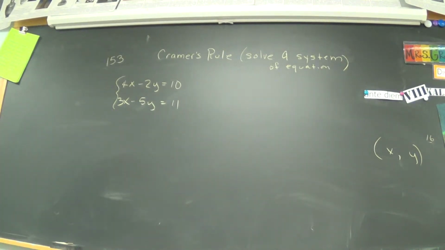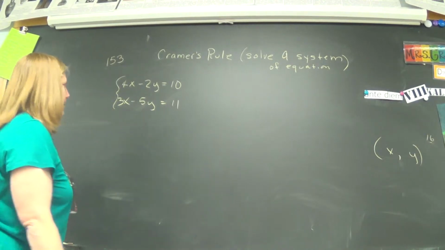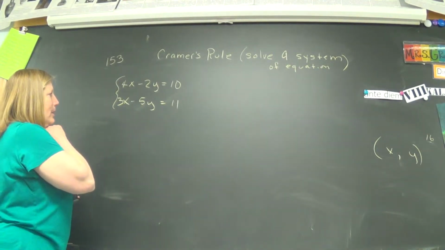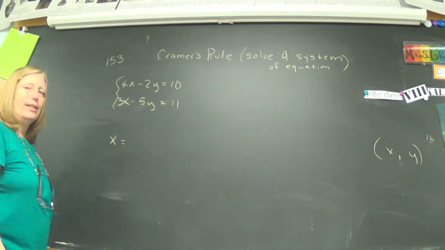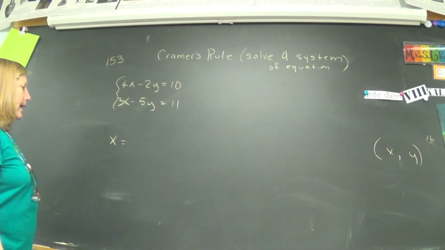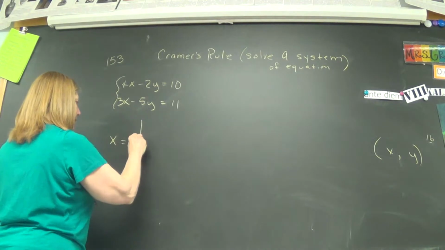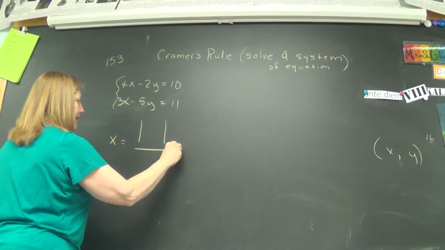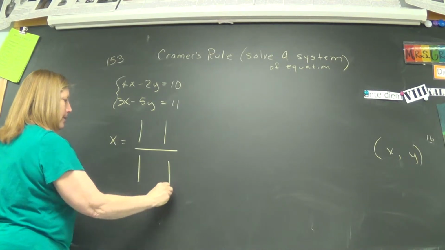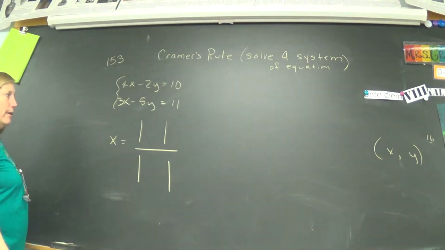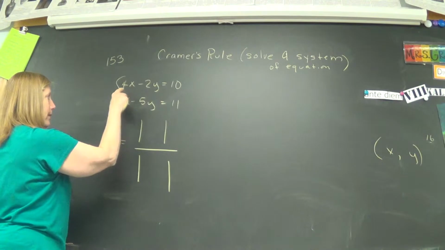And I'll tell you why we do it this way sometimes, but not just yet. Let me show you what it is first. All right, I'll teach you how to get the x value, and then I'll teach you how to get the y. The x value is a fraction. It has a determinant on the top, which I'll tell you in a minute. But let's go to the determinant on the bottom. It's just the coefficients of the system.